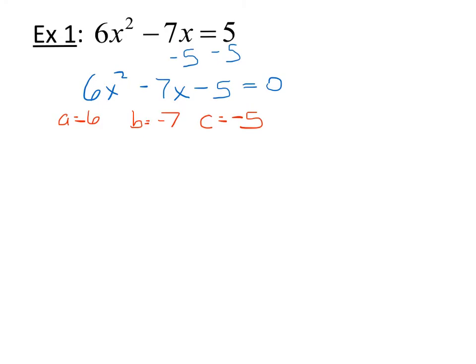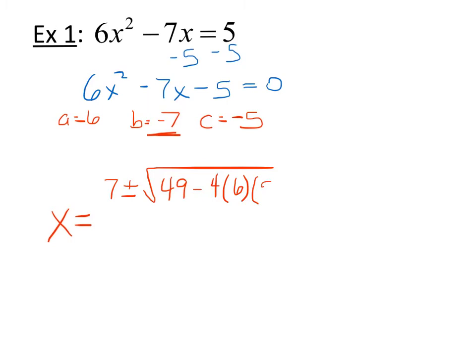And we can look back to see the quadratic formula, but it's going to be written like this. X equals the opposite of b. Well, b is negative 7. The opposite of negative 7 is positive 7, plus or minus the square root of b squared. Negative 7 times negative 7 is a positive 49, minus 4 times a times c, divided by 2 times a.